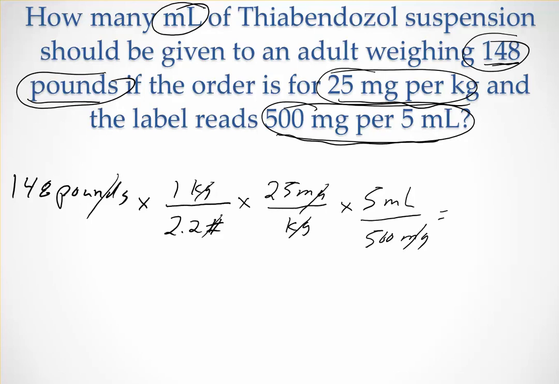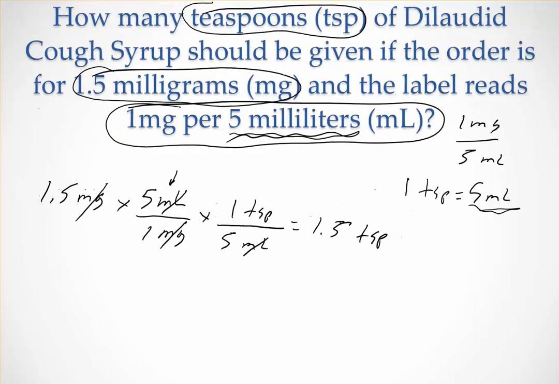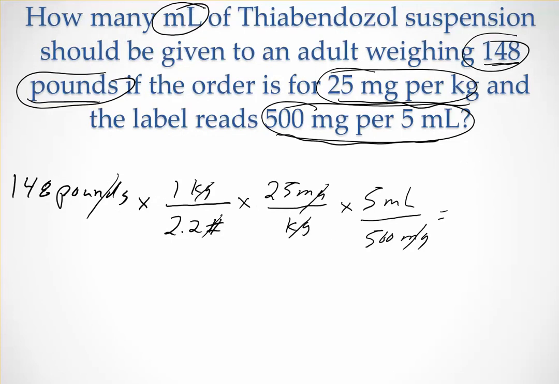As we did with the previous problem, let's go back to that real quick. When we work with milliliters, milligrams, milliliters, we want to make sure that we aren't creating any weird units. So as we did here, we had the milliliters in the numerator and denominator, so they canceled out. This problem requires the same thing.